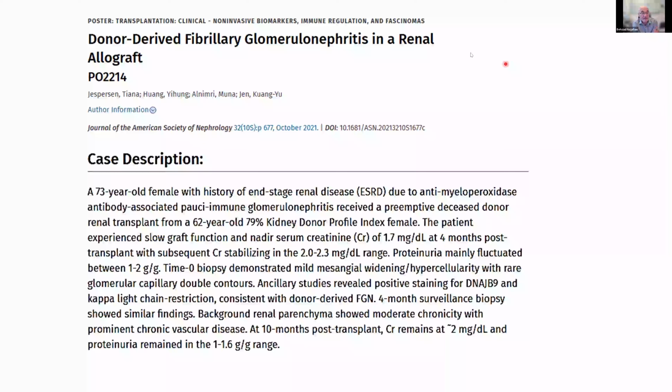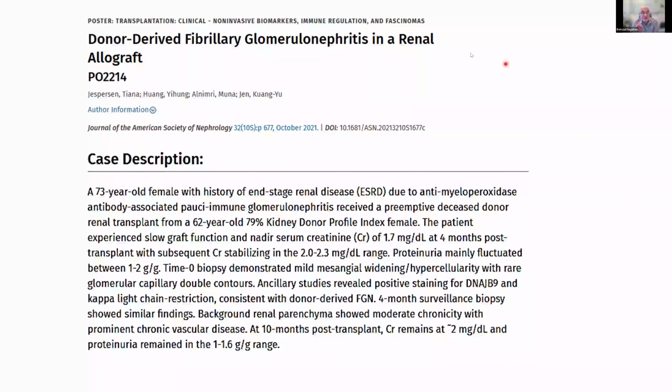I've posted the case description here. That was in a 73-year-old female with end-stage kidney disease secondary to ANCA glomerulonephritis, who received a preemptive deceased donor transplant from a 62-year-old, 79% kidney donor profile index female.